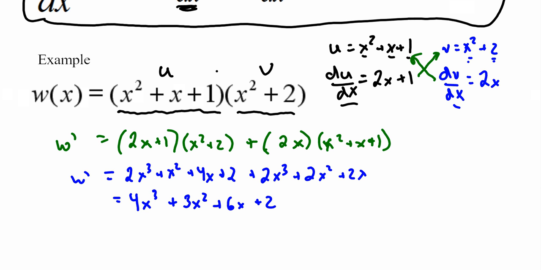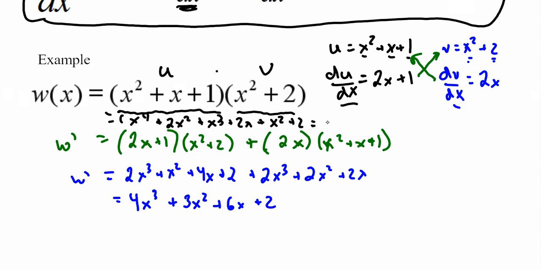Now, to show you that we can actually solve this another way. I would never probably use the product rule for this, unless I just want to get the answer for the derivative. But we can also, if we wanted to, simplify the top function first. So if I went through and said, okay, this is going to equal x to the fourth plus 2x squared plus x to the third plus 2x plus x squared plus 2.